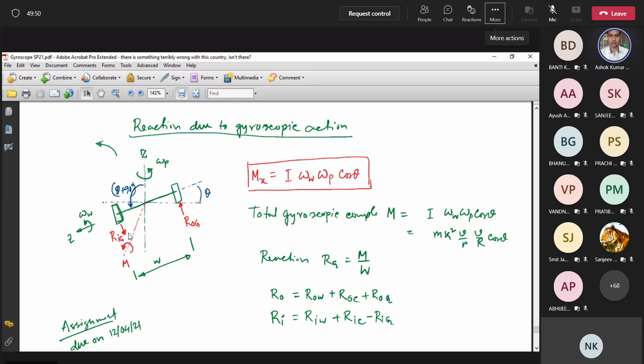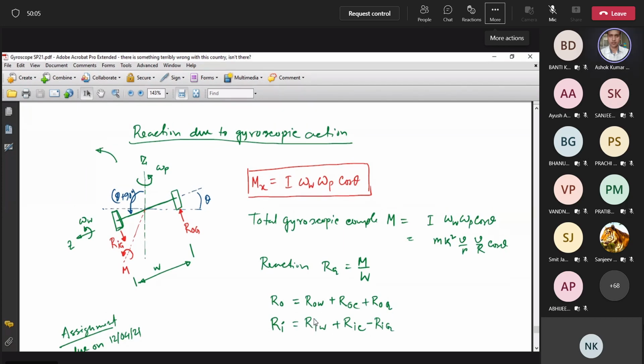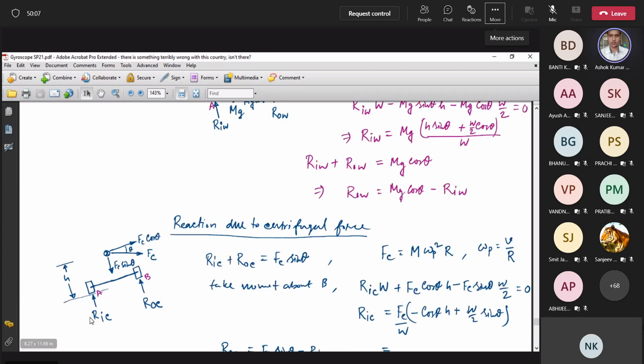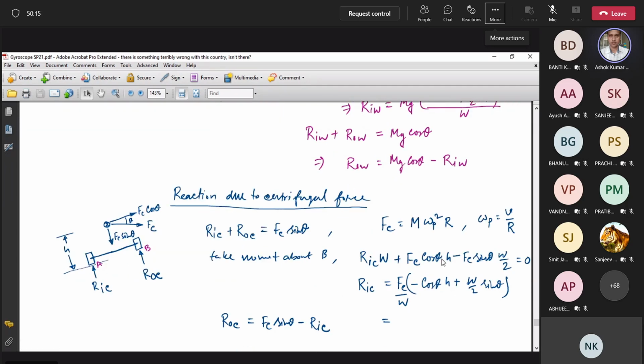What is the reaction in the inner wheel? The inner wheel reaction for this case, RIG, is acting downward, so we have written it with a minus. And if you remember RIW and RIC, here RIC we have taken upward. Whether the value is positive or negative depends on this calculation, but we have taken it upward.